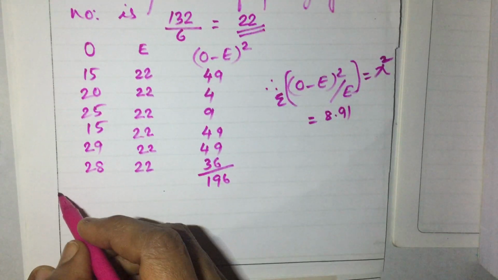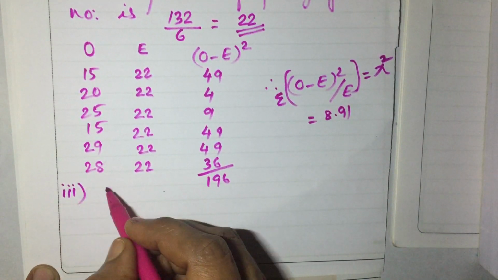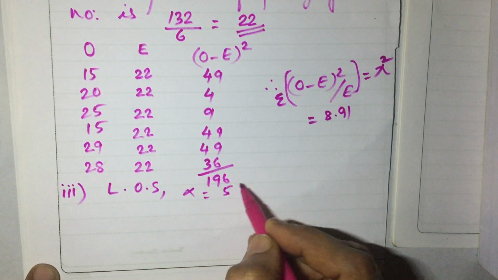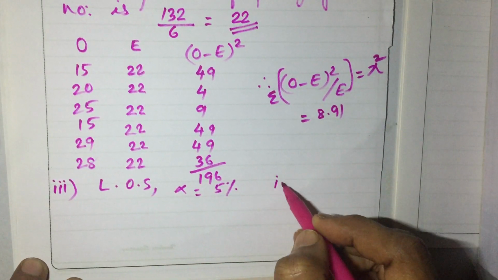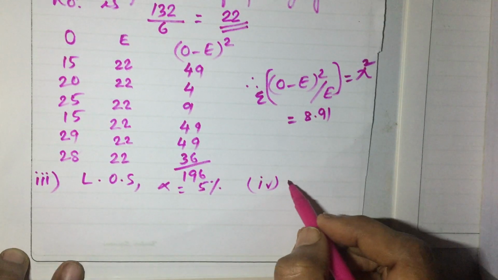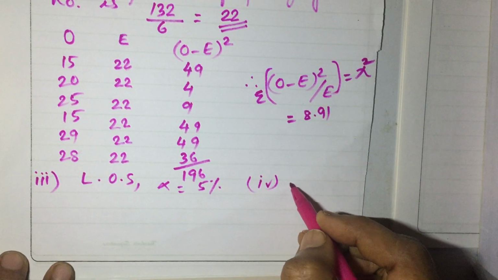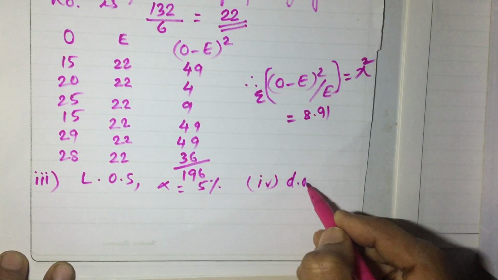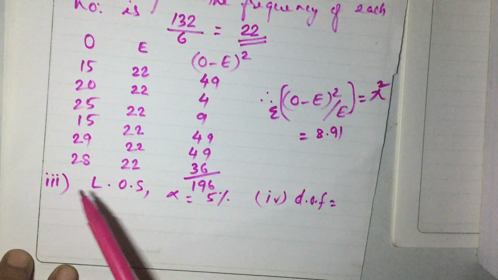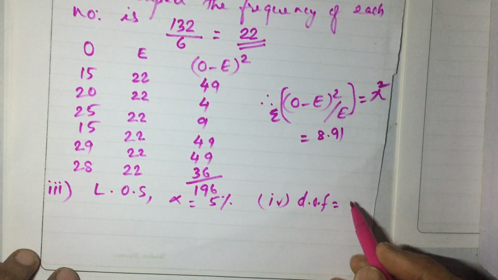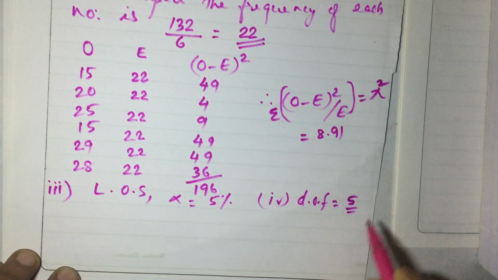Now, third step, LOS. LOS I will take as 5%. Then critical value or chi-square alpha I have to find. For that, degrees of freedom. Degrees of freedom will be total, how many are there? 1, 2, 3, 4, 5, 6. 6 minus 1, that is 5 degrees of freedom.